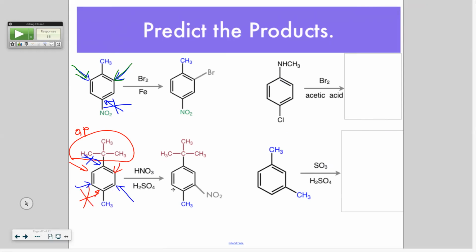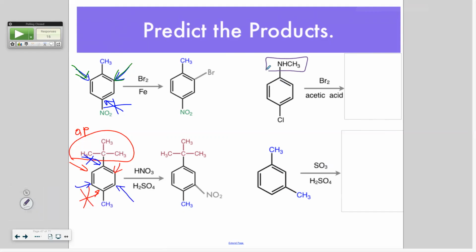I think about that one. Okay, so at the top we have, oh, they're both black. I didn't make them colored. All right, so I'll use purple for the top one. What can you tell me about that group? What kind of director is that? OP.